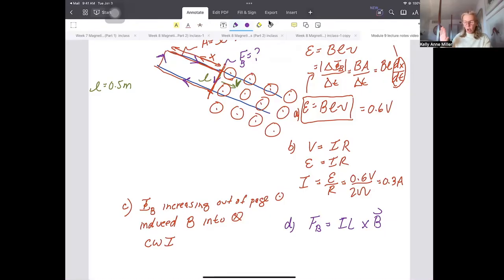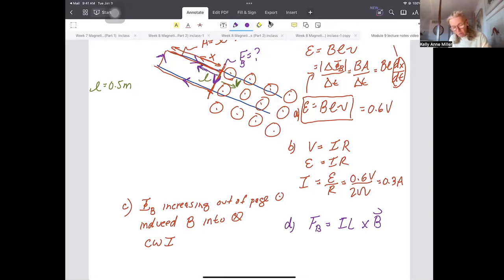Okay. So I put my fingers in the direction of the current, which is this direction. I put my fingers there and I curl them in the direction of the B field. You guys see that? So my fingers are pointing down that little segment of wire. I curl them out of the page. You can see my thumb is pointing up the rails.